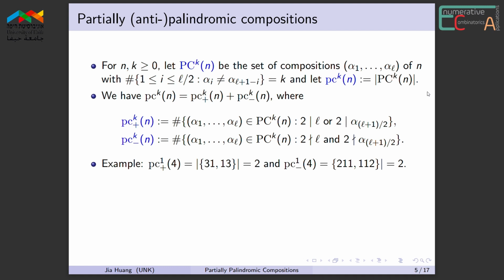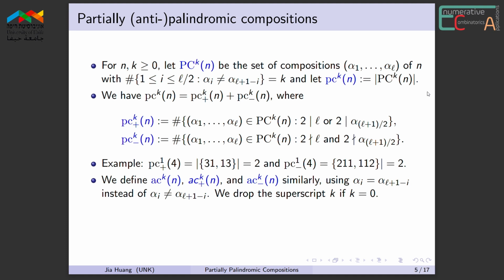And there are two compositions of 4, 2,1,1 and 1,1,2. They violate the palindromic condition once, and they have an odd middle part. So pc_1 minus of 4 is 2. And if you add them, you get pc_1 of 4, that's going to be 4.